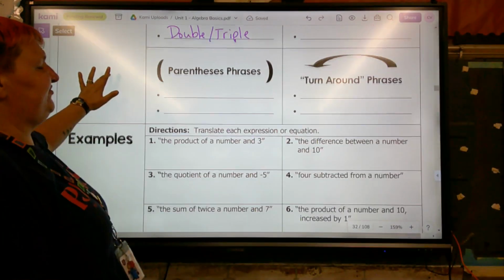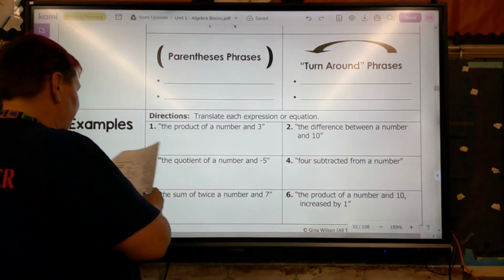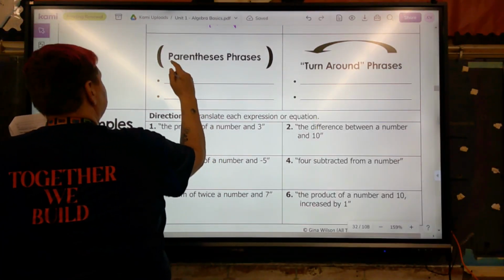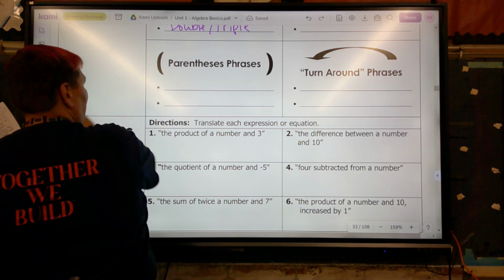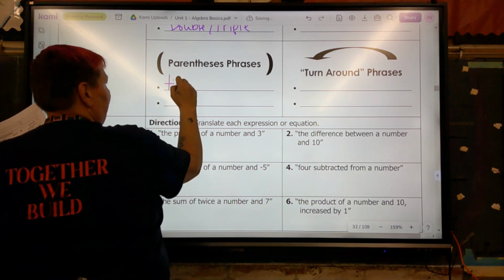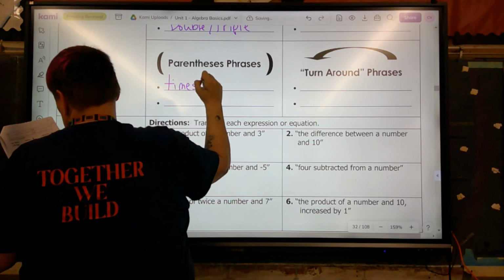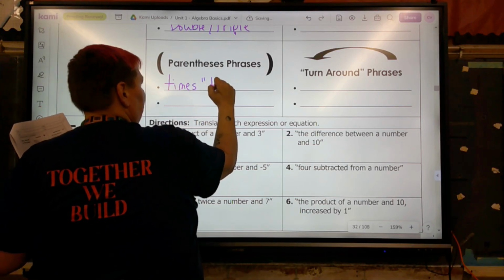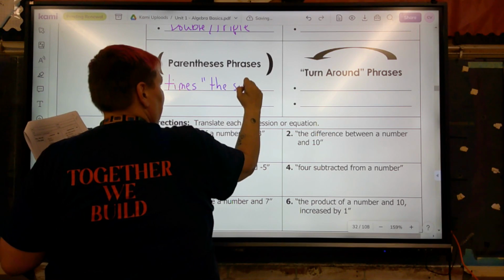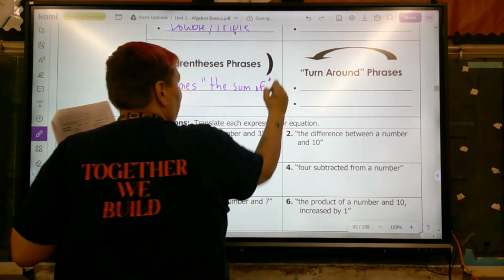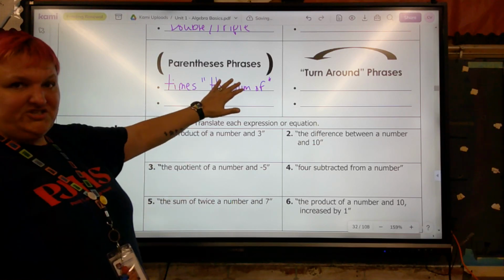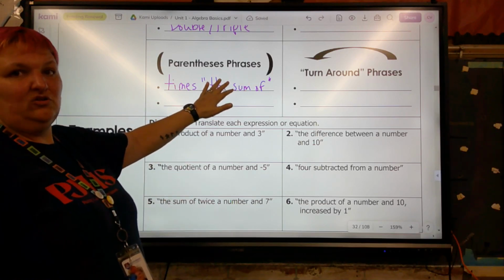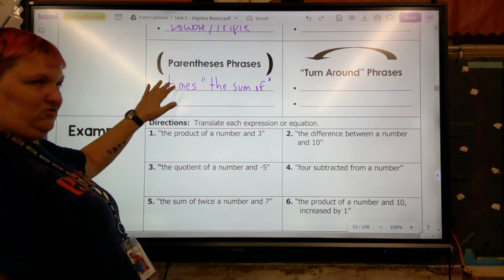Alright, parentheses phrases. If you see something like times the sum of, they want you to put the addition in parentheses so that you'll do that first and then multiply.